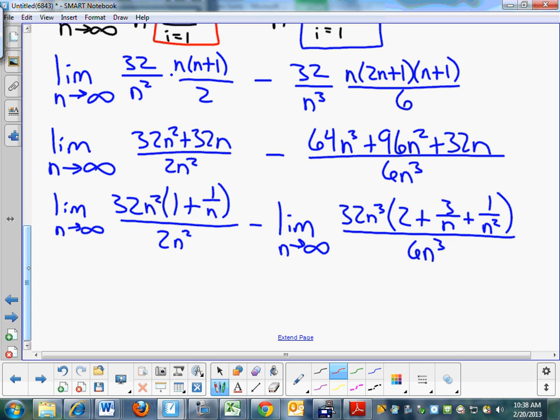Now, let's look. This goes to 0, right? The n squareds cancel, left with 16. Is that cool? It's 16.